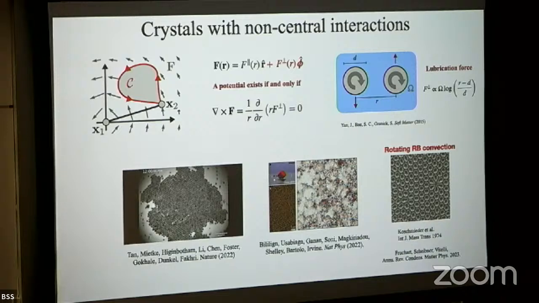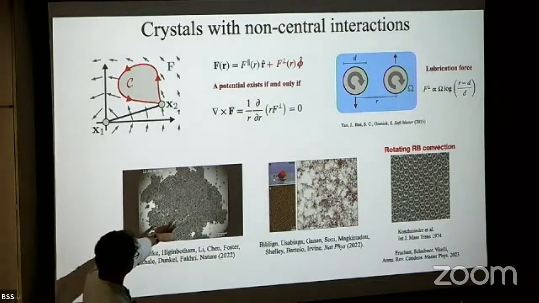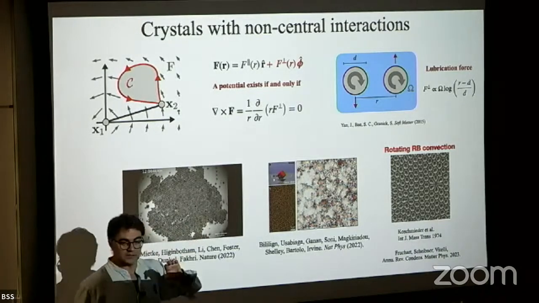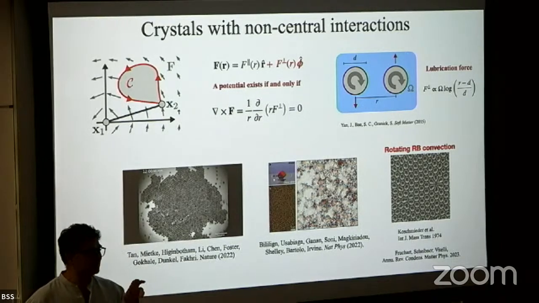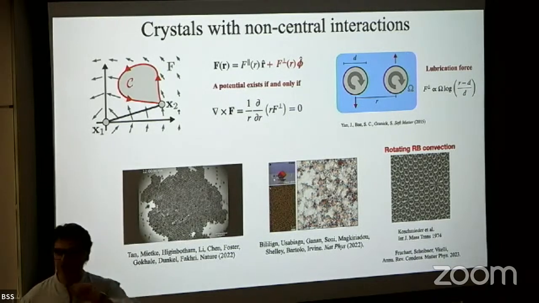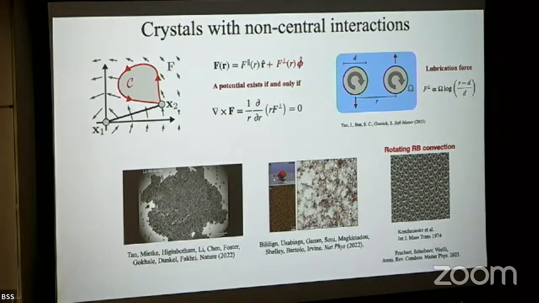So what the two of them did was study crystals like this, where sometimes the number of neighbors is not always 6. There can be defects, an anomaly in the coordination number. I don't know if anybody has talked in the summer school about defects. But if not, let me just say, they're called dislocations.